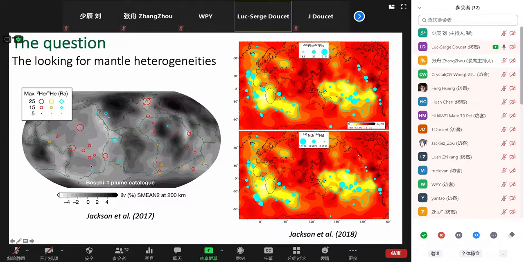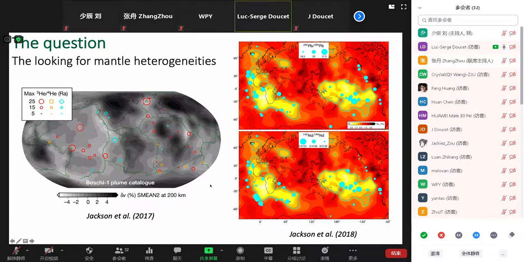They look at the composition of all different OIBs in the world, right? And what they see is that there is heterogeneity everywhere. But by contrast with what Dupré, Allègre and Hart saw, there is no clear northern-southern border or whatever. So the message is starting to be more complicated.